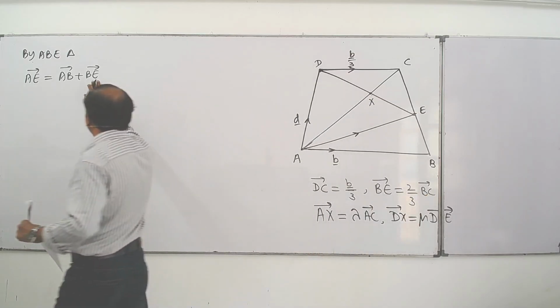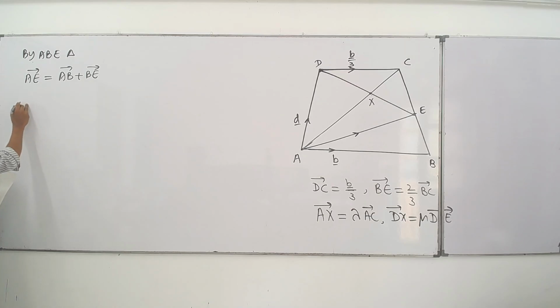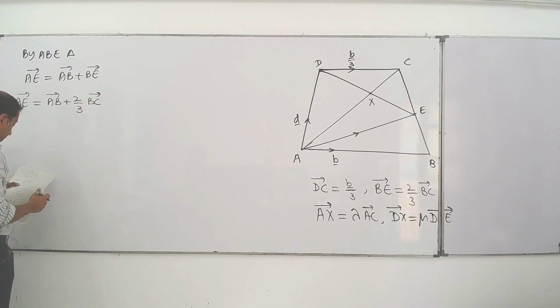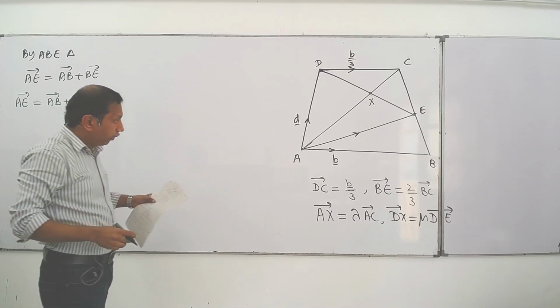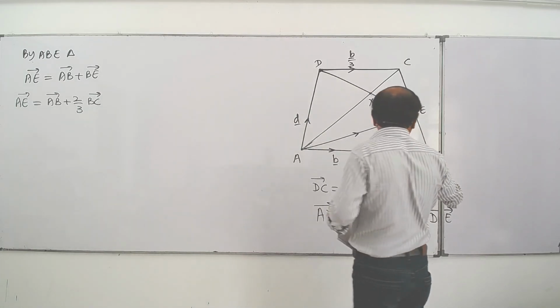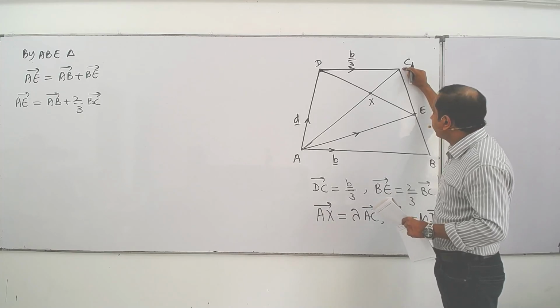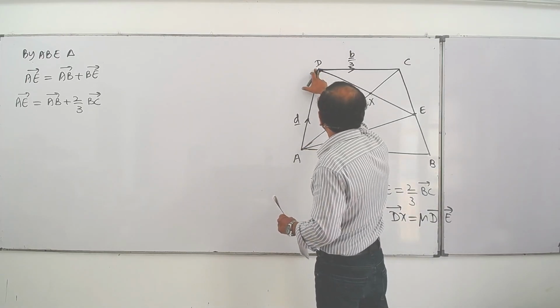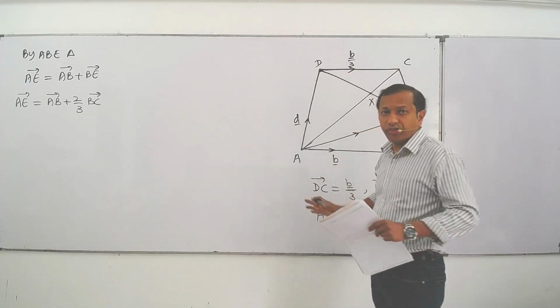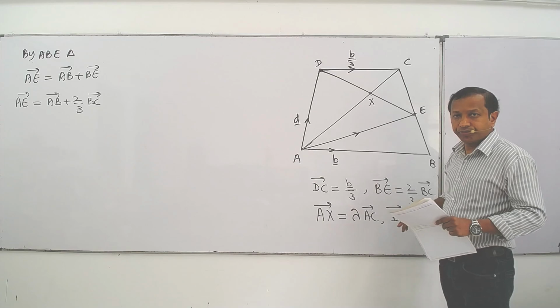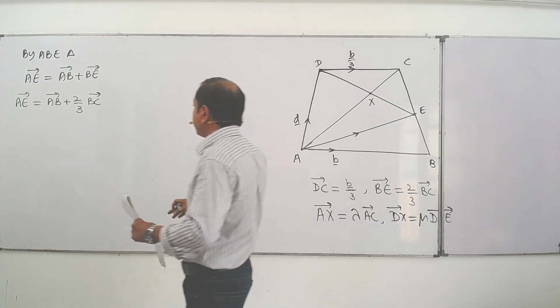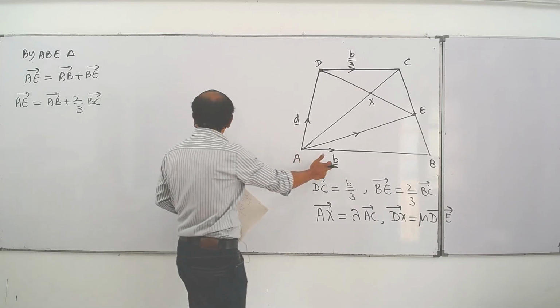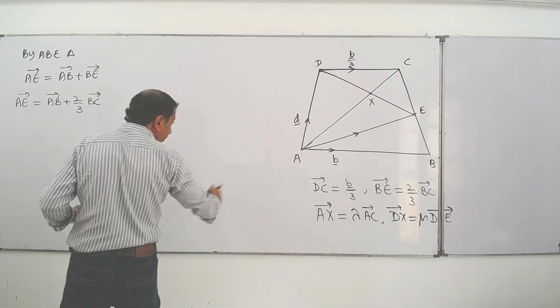Then for this BE I can write 2/3 BC. Now the BC vector we can write how? BA plus AD plus DC. AB vector is b, so BA is minus b.